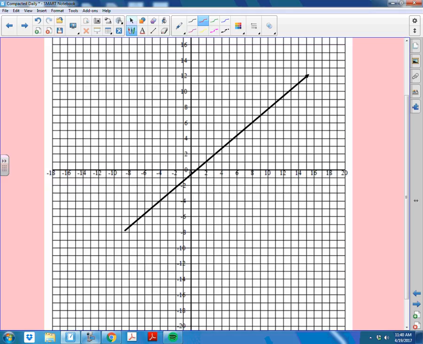In other words, you couldn't say I'm going to measure the slope between here and here, because you cannot necessarily measure the rise or the run. So what you end up having to do instead is pick two good points that cross at exact places. Like I could pick there and I could pick there. Those are two good points. They cross at exact places.